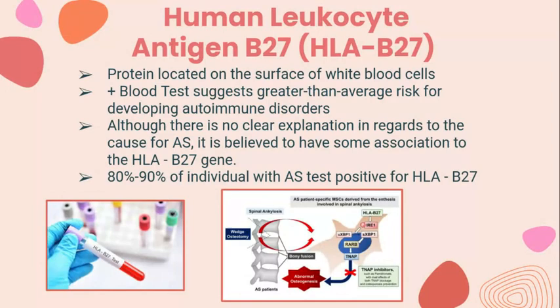And although there is no clear explanation in regards to the cause for AS, it is believed to have some association to the HLA-B27 gene. And 80 to 90% of individuals with AS actually test positive for this gene.